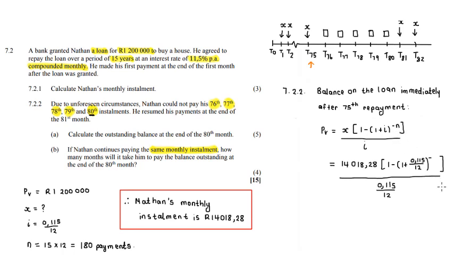He had to finish this in 180 payments. He managed to pay 75 of them, so he still had a remaining 105 payments. So that's going to go in there. Let's just make it a little bit more clear. So he still had 105 payments to go.